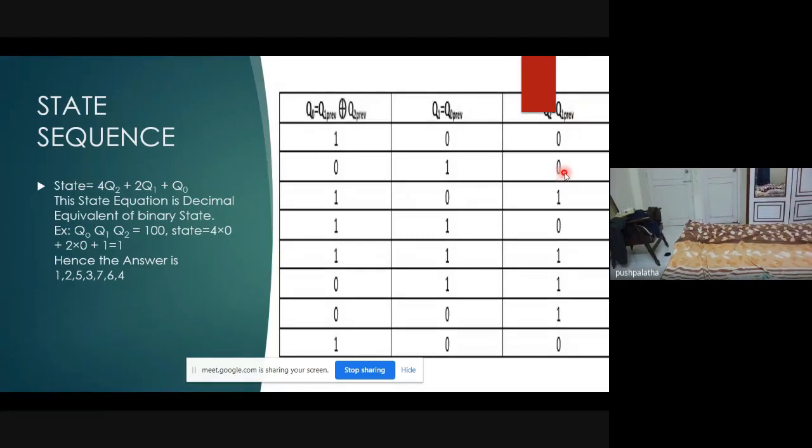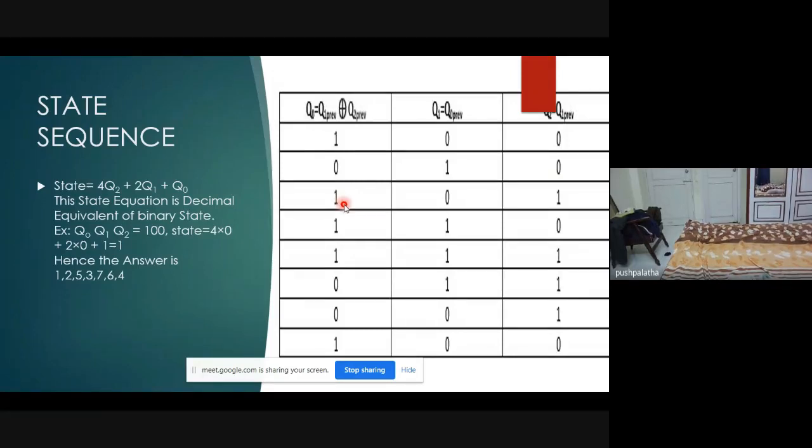So now 1 and 0 is given to the XOR gate, right? Now what will be the output of the XOR gate? Here the inputs are different. When the inputs are different, the output is going to be 1, which is nothing but the present input of your Q naught, right? Okay.